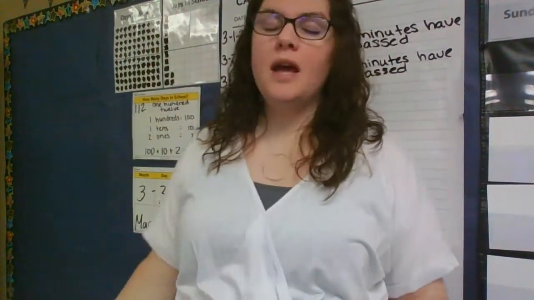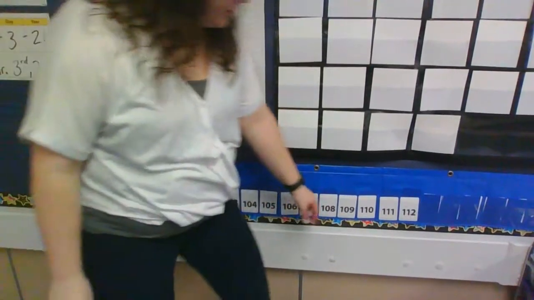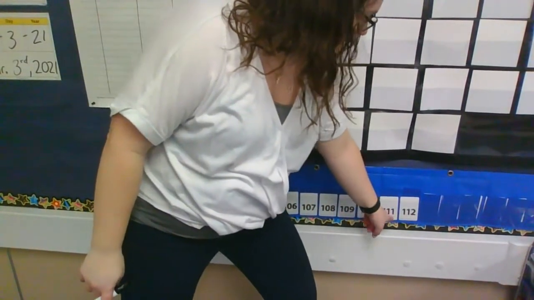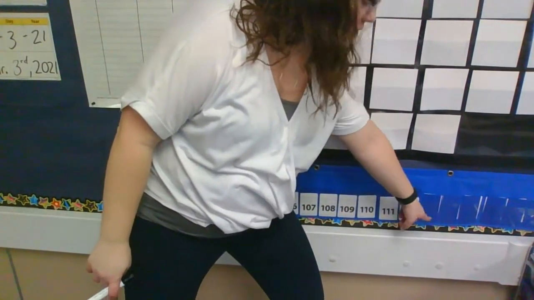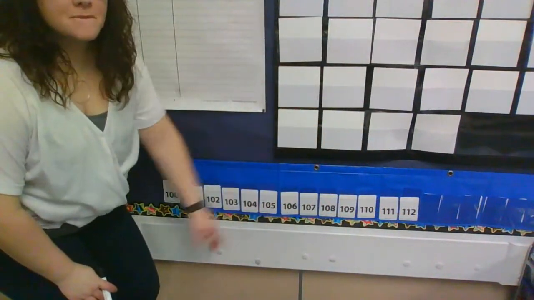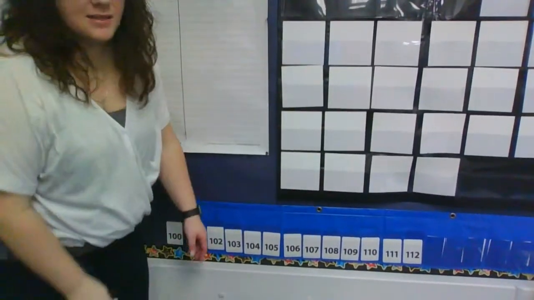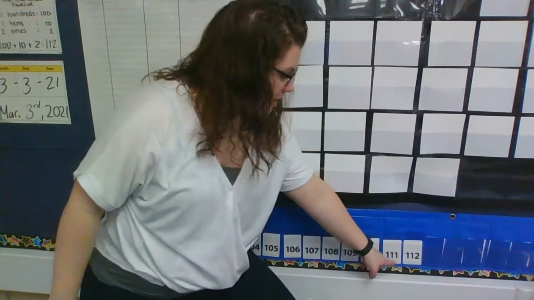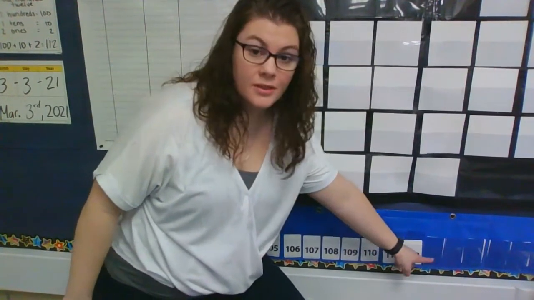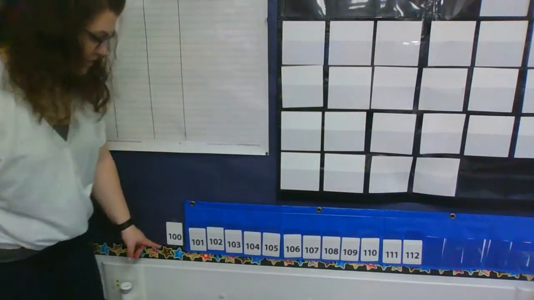Yesterday was our 112th day together, so let's see what comes after 112. Well, if we had to guess, and looking at our pattern, we have 10, 11, 12, what's coming next? So probably 13, right? If we had to make a guess. We have 10, 11, 12, 13 would make sense, right? Well, let's count from 100 and make sure we're right.